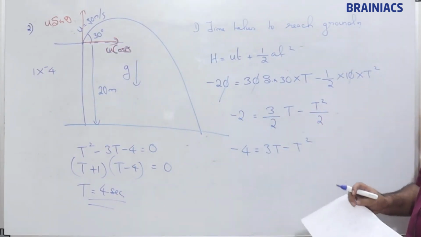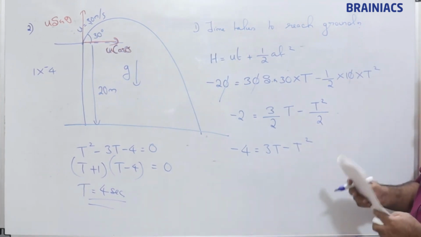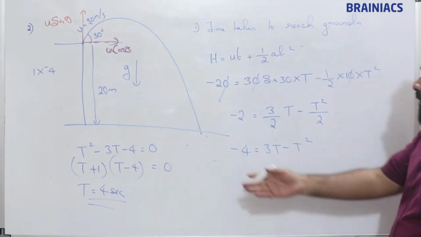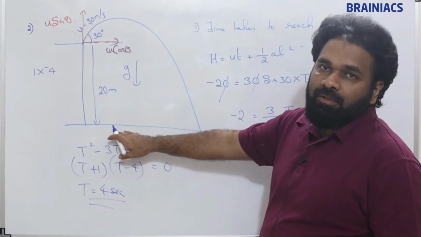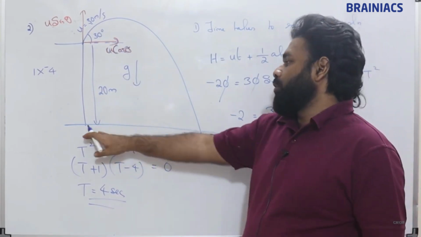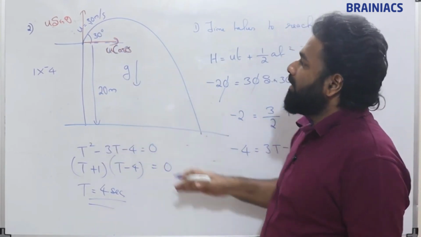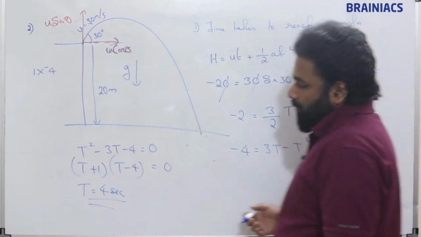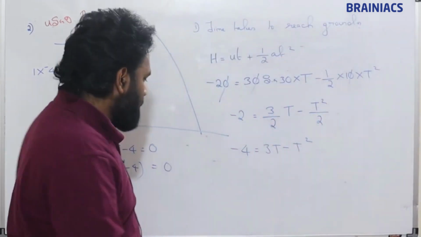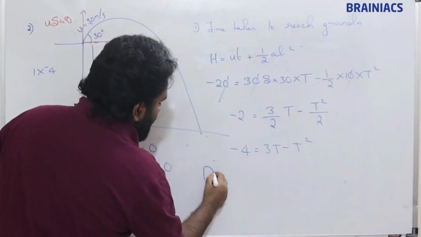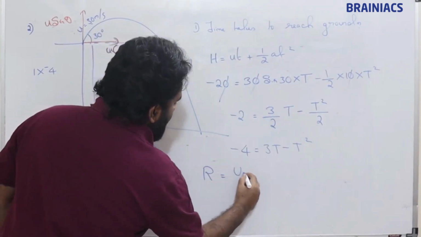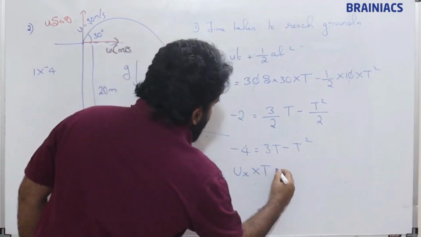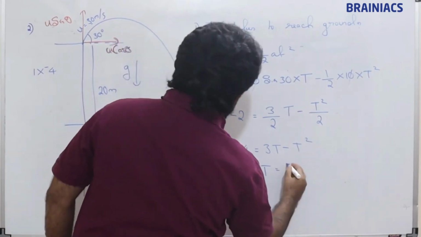Here, as we did in the previous problem, if you want we can find this horizontal range. How much is the horizontal range? R is equal to Ux into T. Ux is nothing but U cos theta.